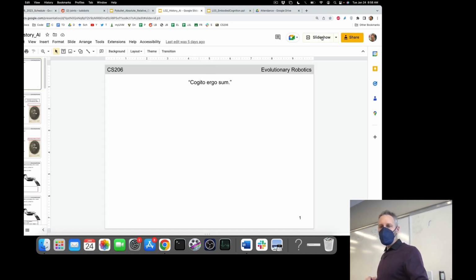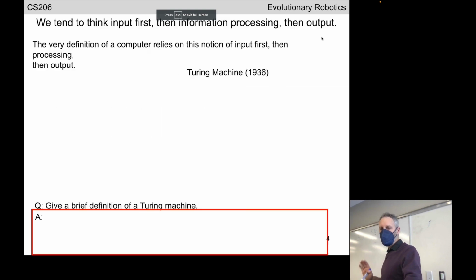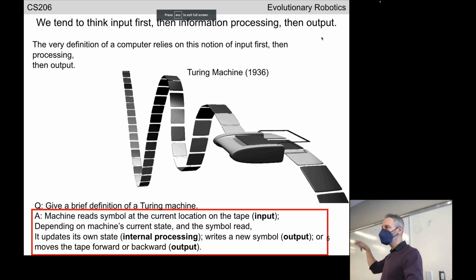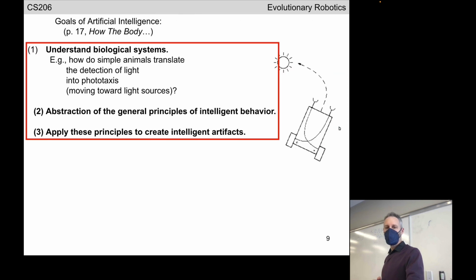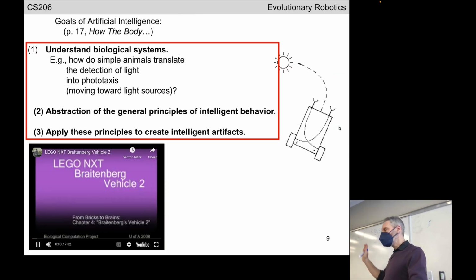Okay, so we started last time in the 1600s. We talked about Cartesian dualism, jumped 300 years forward to the 1930s, the beginnings of the formalism of computation and computers. We jumped another 20 years ahead to the 1950s, the very first use of the word AI. We kind of went back to why you might want to build robots.